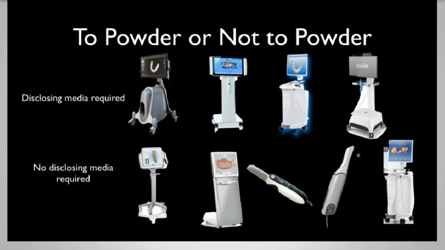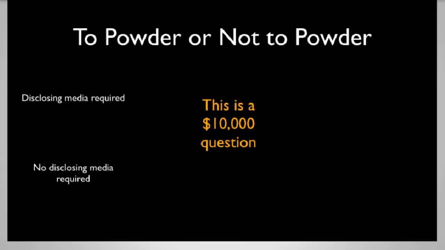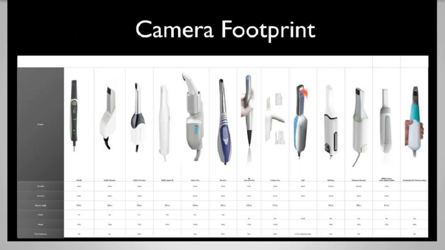It requires a different set of optics. If we want to have optics that do not require any powder, well, that's a higher level optics in some ways, or a different type of optic system of scanning, and that generally adds about $10,000 in cost. So we go from a powder-based system to a no powder-based system. Generally speaking, we're going to increase in cost. And there's benefits on the other side of that equation.